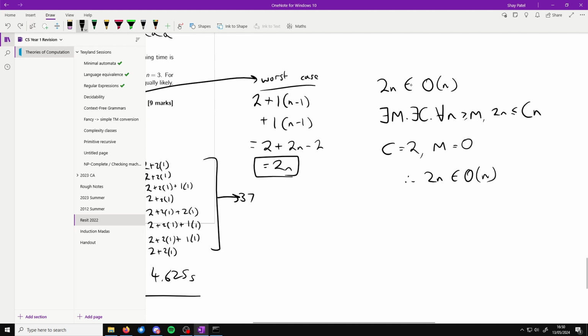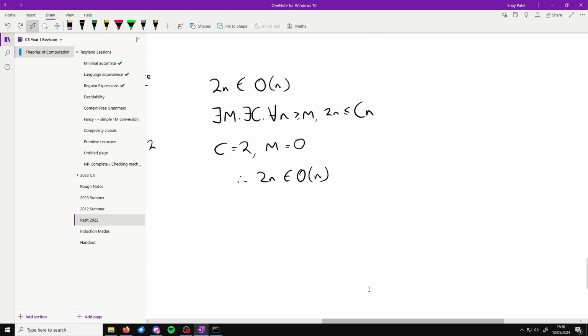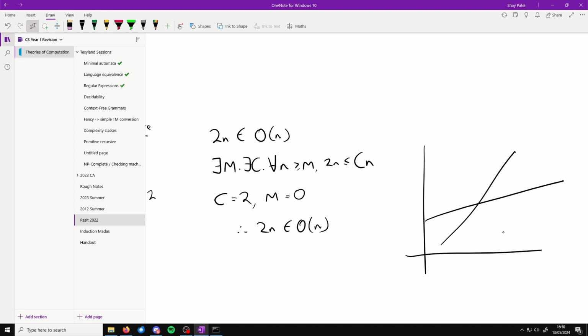Okay, so we're saying we want to prove that 2n is in O of n. The question was asking us to prove that the worst case running time is O of n. To do that, we just need to show that there exists some value of m, a lower bound, or graphically, our m is this intersection point, or anything greater than or equal to it.